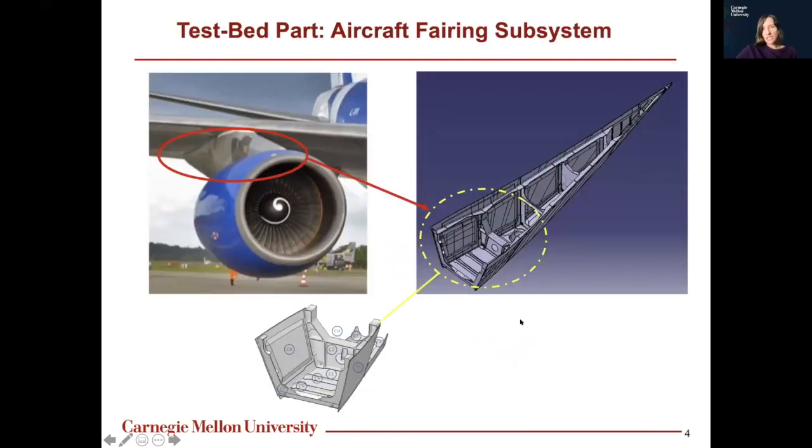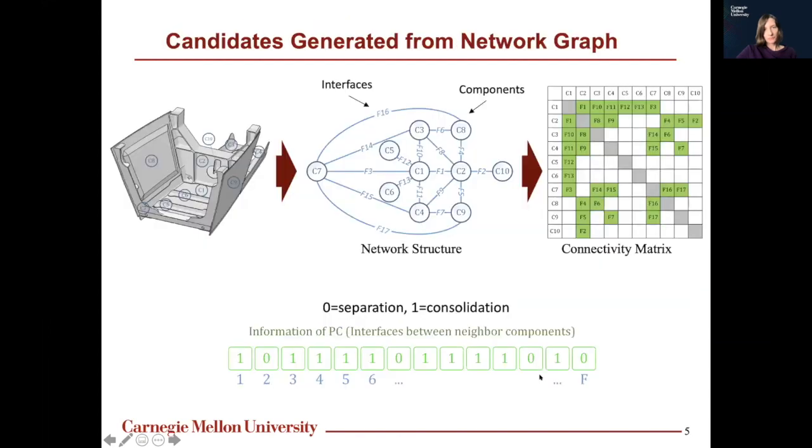This work was done in collaboration with an industrial partner, and the test bed system that we selected is an aft fairing. You can see the part here, and we considered both titanium and aluminum materials for this system.